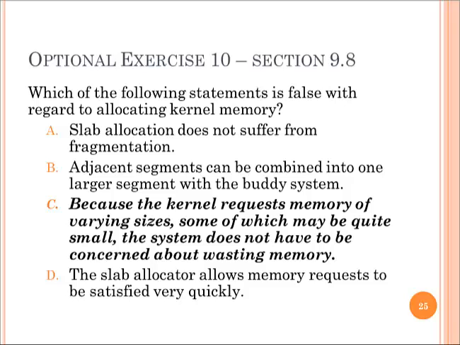So the opposite of this is true. In general, it always has to be concerned about wasting memory. That's the whole purpose. Because some of the kernel requests might be large. So if there's large, you always should be concerned about wasting memory.